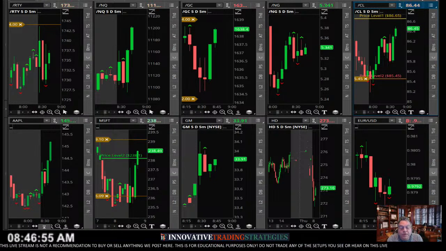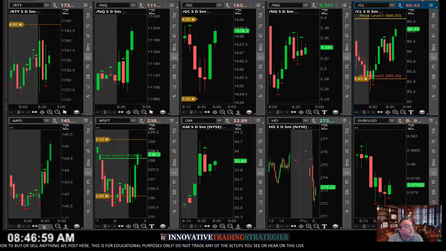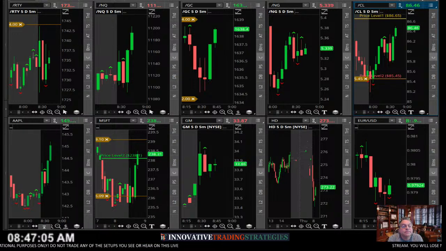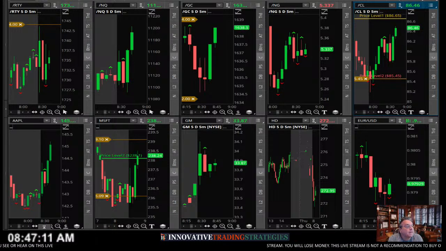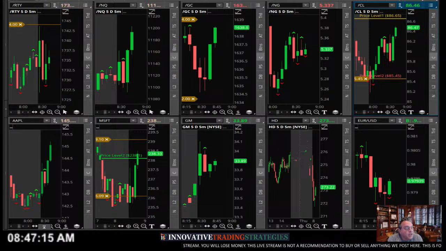Reverse buy on the mini NASDAQ. That's what that trigger was. That was reverse buy. And it is moving fast. Still long RTY.